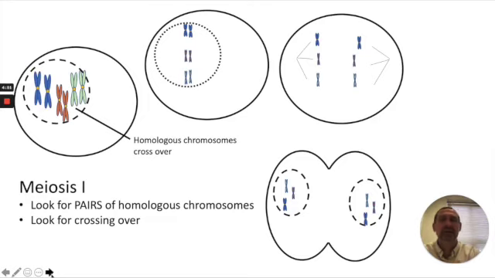We'll see what that is in a moment. In metaphase, those pairs of chromosomes are lined up. And in anaphase, those chromosomes are moving to opposite poles, but they're made of sister chromatids. And then in telophase, we see the sister chromatid pairs are in the newly forming nucleus.